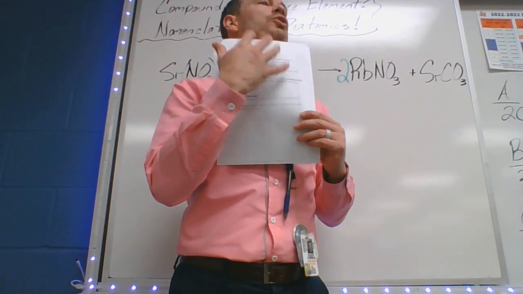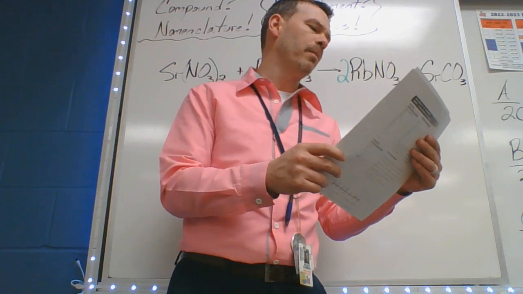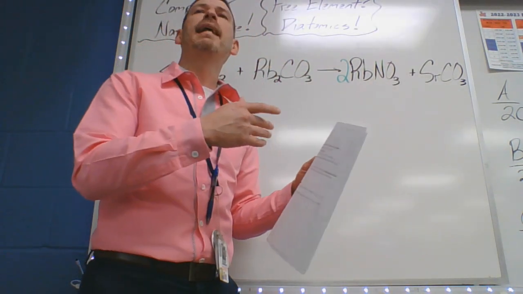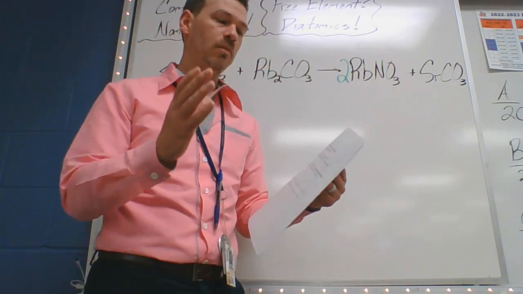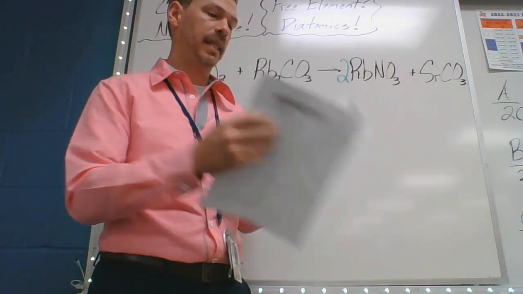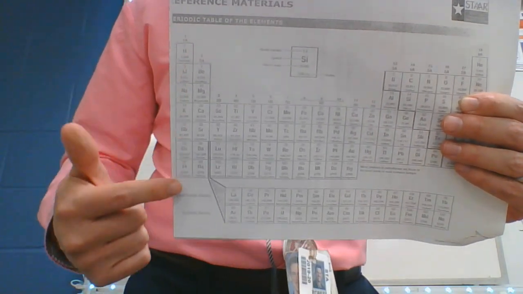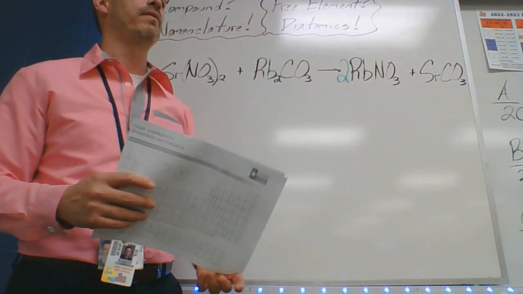The solubility rules are not hard to read. It just takes some getting used to. Like if you look at rule number one, it says that the alkali metals are soluble. All right, and we know that the alkali metals are all of the elements in group one. So here's my alkali metals right here. It's hydrogen's column that you learned from a previous unit.